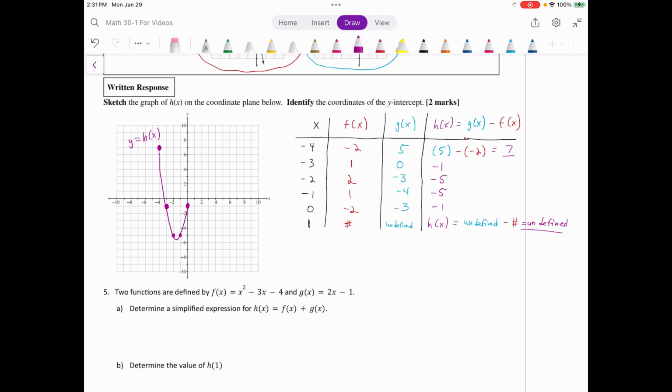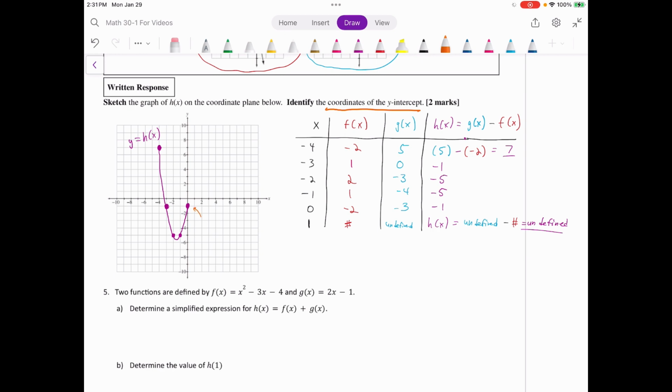Now, they did also ask us to identify the coordinates of the y-intercept. Well, I mean, the y-intercept, again, that's where it crosses the y-axis, right? It is where x is 0, the value of y when x is 0. So we can see, I mean, even from our table of values, the new intercept is at 0, negative 1, and our graph backs us up there, right?